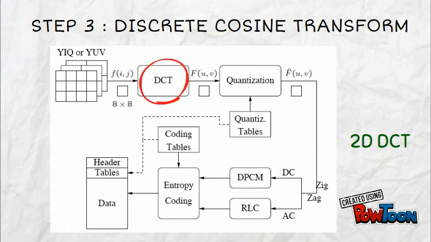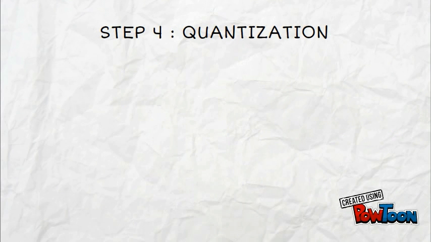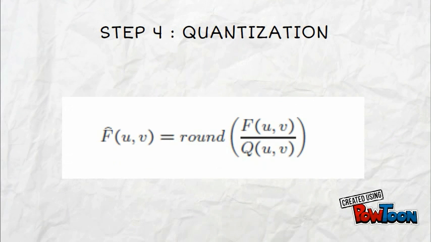The 2D DCT is applied to each image block f(i,j), with the output being the DCT coefficients F(u,v) for each block. The quantization step is the main source of loss in JPEG compression. This formula represents the quantized DCT coefficient, which JPEG will use in the succeeding entropy coding.